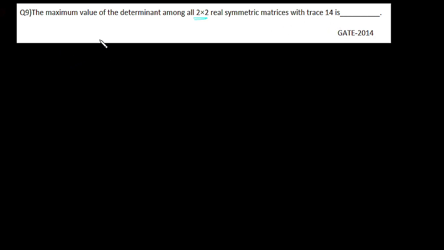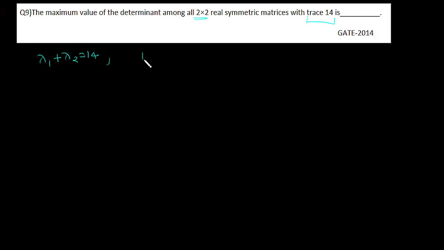We are given the condition that the trace is 14, which is nothing but the sum of the eigenvalues. We know this from the property of eigenvalues, and here the matrix is 2 cross 2, so we have two eigenvalues. Let's assume they are lambda 1 and lambda 2. So lambda 1 plus lambda 2 equals 14, the trace.